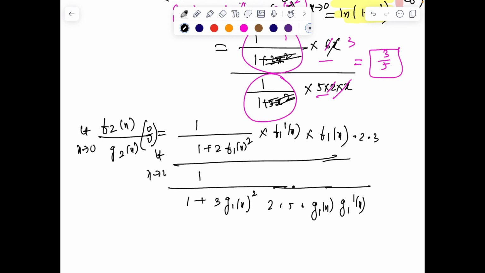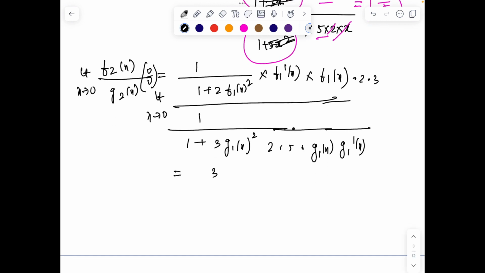Okay, limit x tends to 0. And if you calculate this, what is left is 3/5.